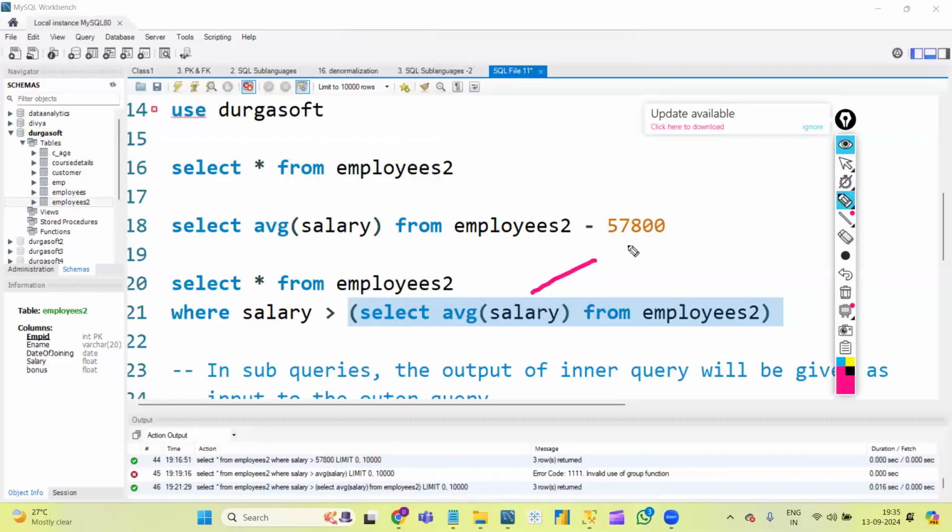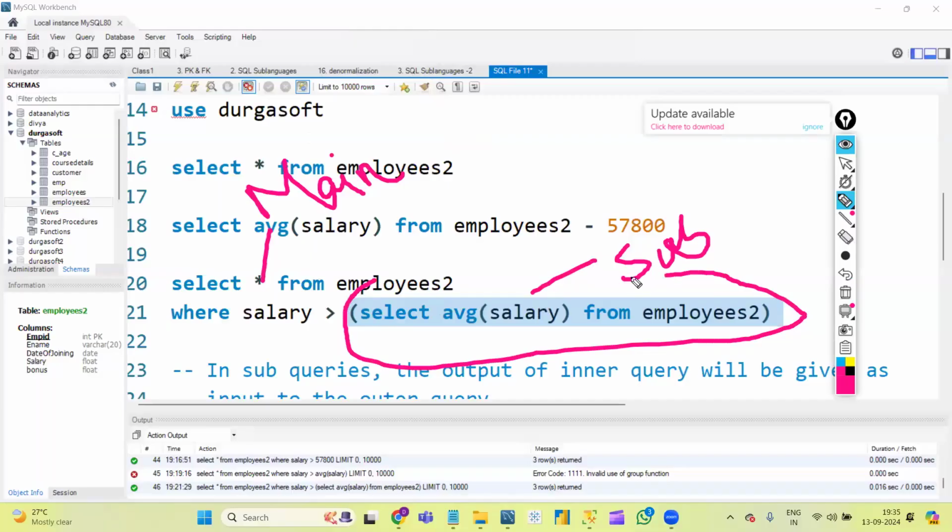So basically this is called the subquery, this is called the main query, right? The output of this one will be considered the subquery output only. Going forward, whenever I'm discussing single row subquery, multi row subquery, correlated subquery, even non-correlated subquery, if I say the output of the subquery, just remember I'm talking about the output of the inner query only, not the outer query.